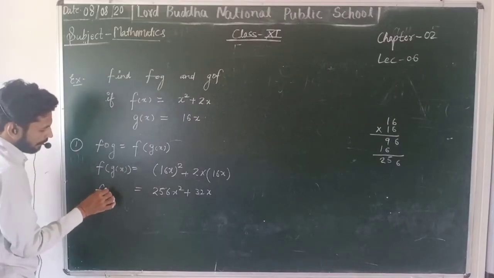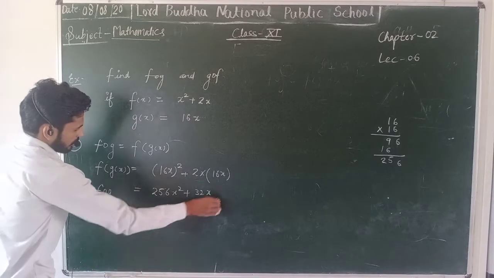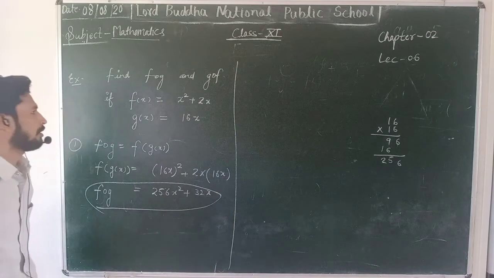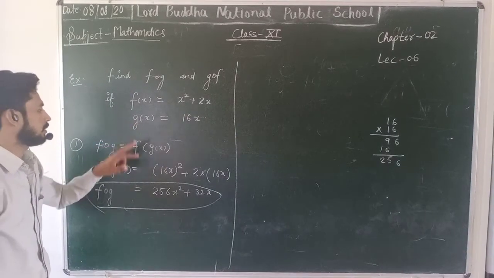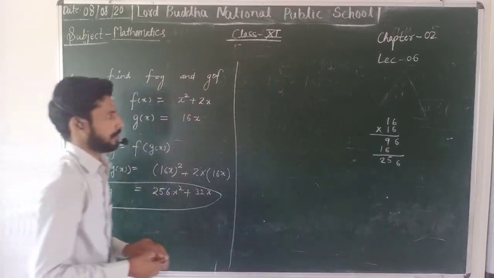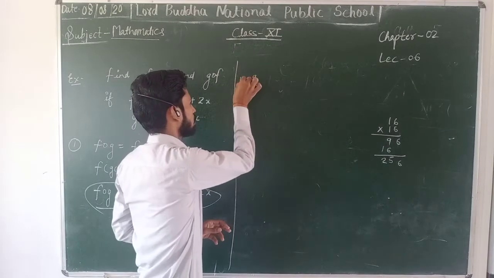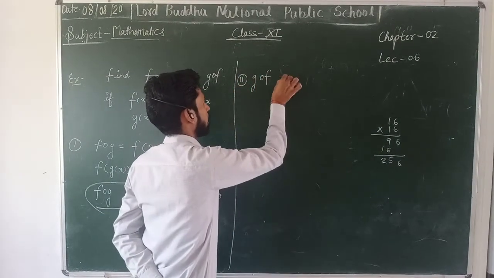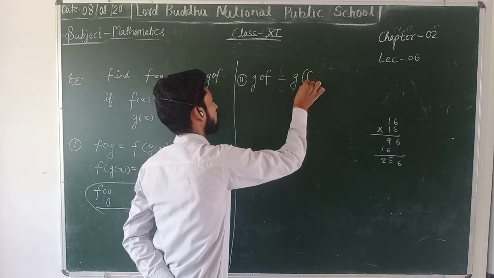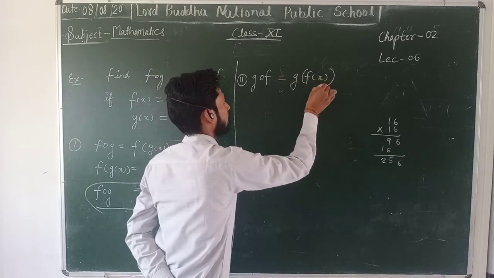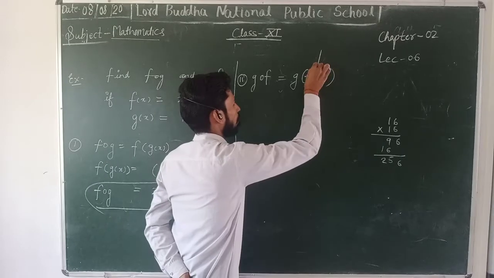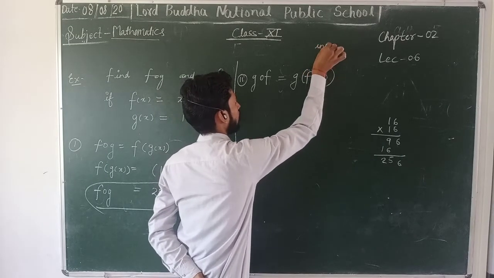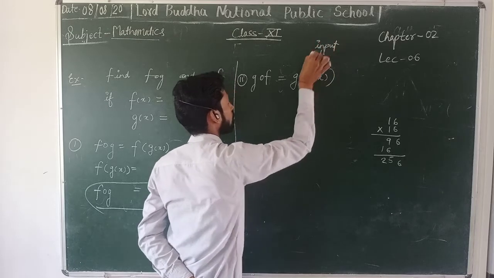Now the answer of f of g is this, but we also have to calculate g of f. That means the second question is g of f, that is equal to g of f of x. In this condition, the whole function f of x is the input variable.